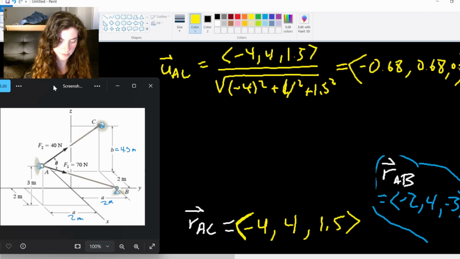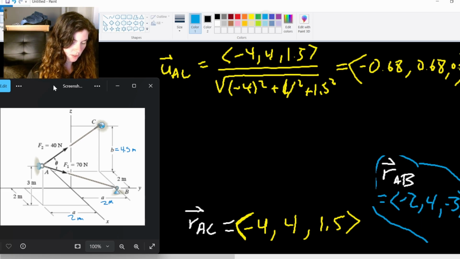And that's a vector. And then the exact same process we're going to do for the vector RAB, we're going to make the unit vector UAB.